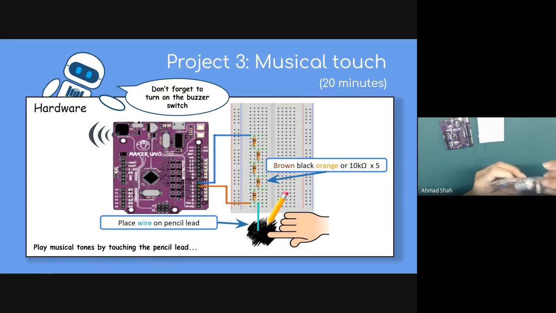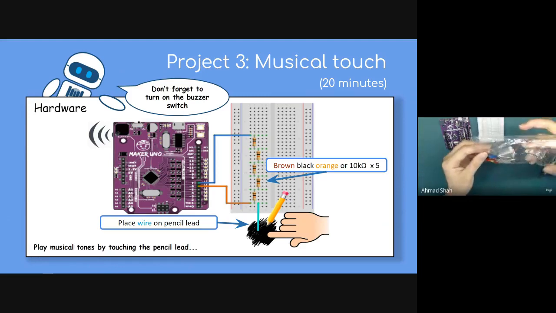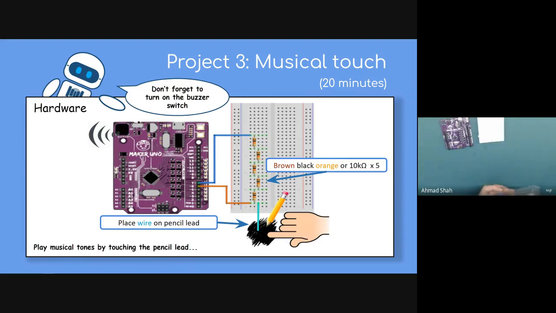It's the one with brown, black, orange. You need 5 resistors of brown, black, orange. Make sure you have that. 1, 2, 3, 4.